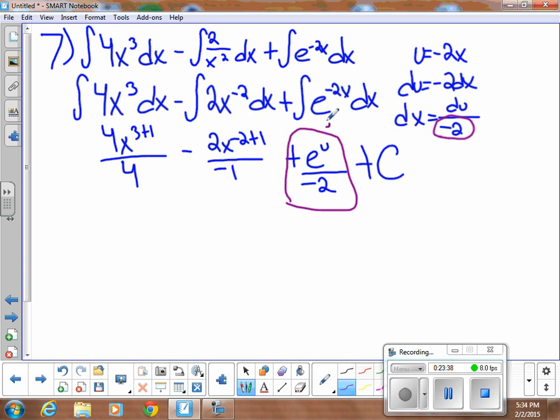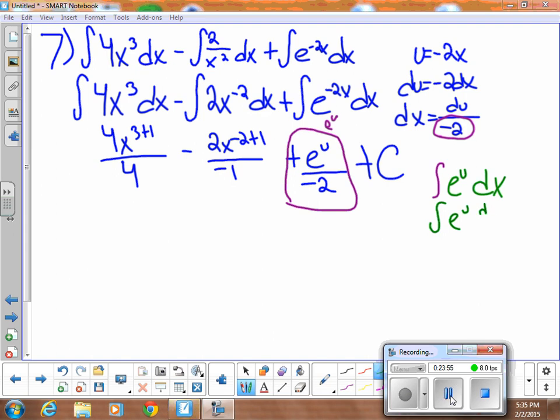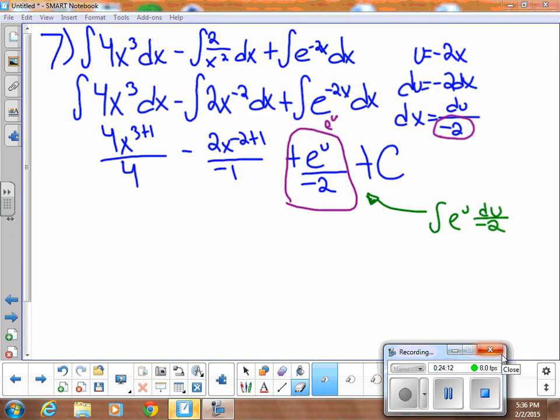Because if I rewrite this, I would get e to the u, and the integration of e to the u is e to the u. And then dx we're replacing with du over negative 2. So you have e to the u du over negative 2. The integration of e to the u is e to the u, and the coefficient is negative 1/2. That's where that negative 2 is coming from.